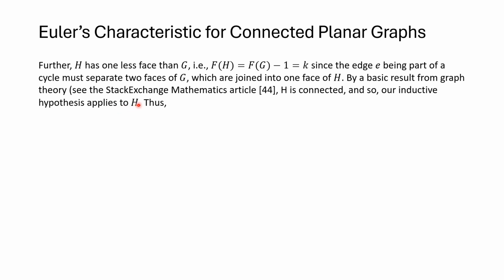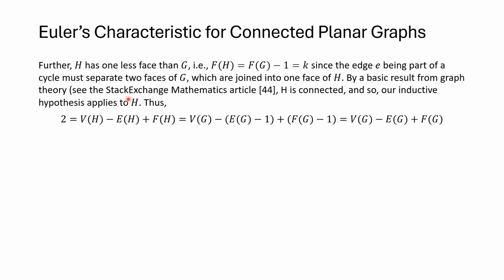By a basic result from graph theory, I give a reference here, H is still connected, and so our induction hypothesis applies to H. Thus, just looking on the left, the number of vertices minus the number of edges plus the number of faces for H equals 2. Then we plug in the various results.